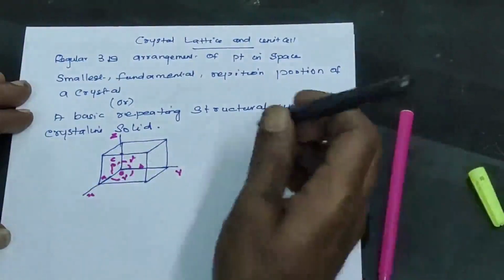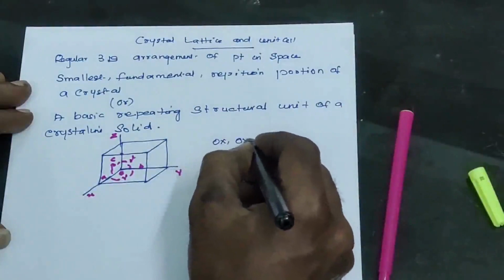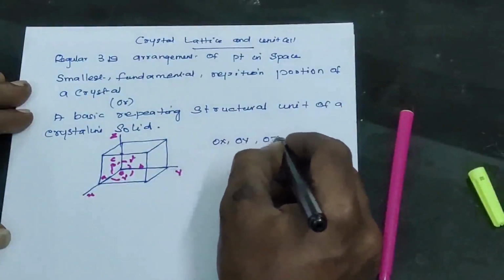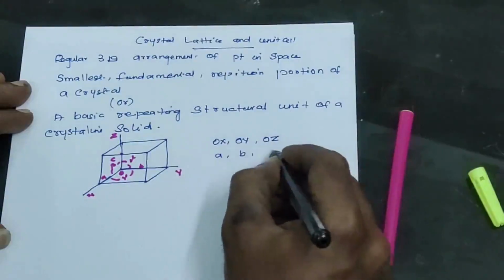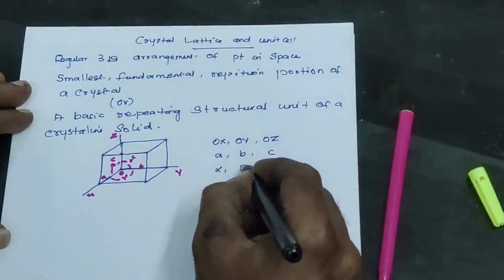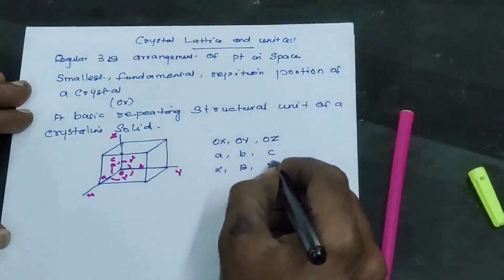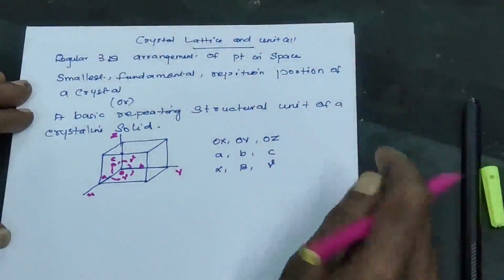So what are the crystallography axes? OX, OY, OZ; edge lengths A, B, C; interfacial angles alpha, beta, gamma. Then what are the points in the unit cell?